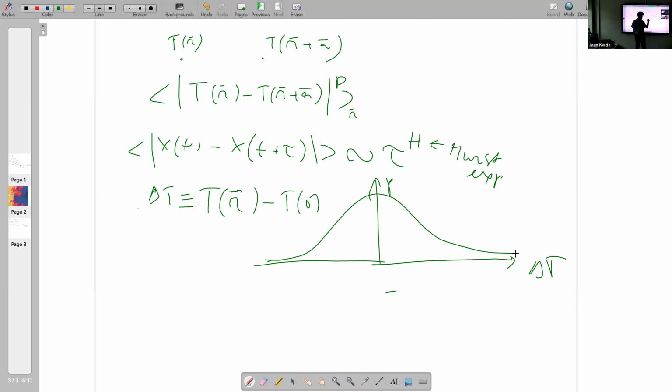In that case, T of r is a Gaussian function.